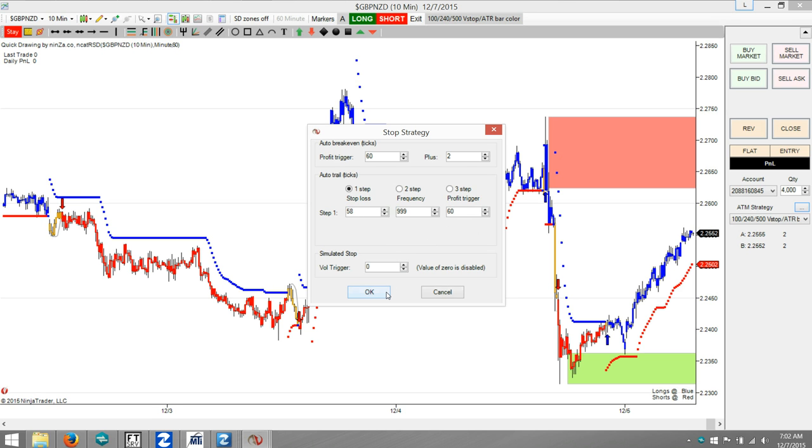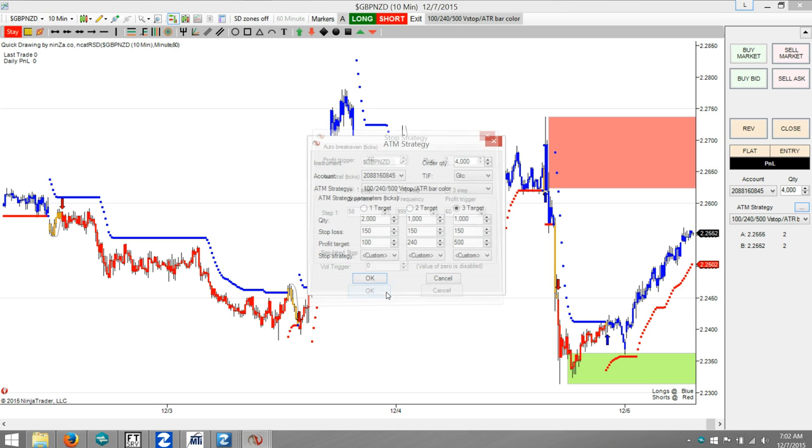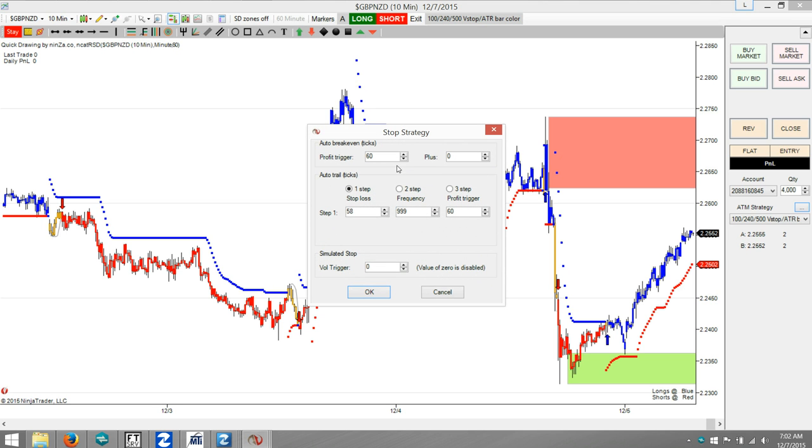Then we go to the big 500 pip target, and we hit custom, and it's the same. You know, they're all going to move up at the same time, but then they have different profit points.